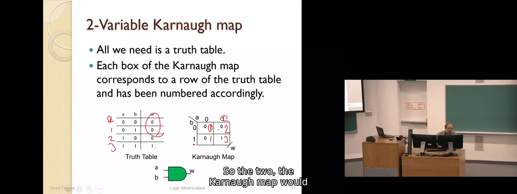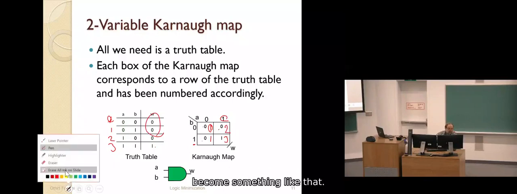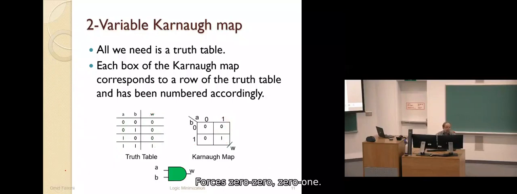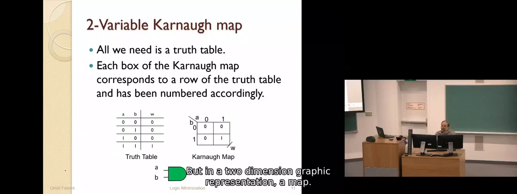So the Carnot map becomes something like that: 4 cells, 0, 0, 0, 1. The same thing that we had before, but in a 2-dimensional graphic representation, a map.